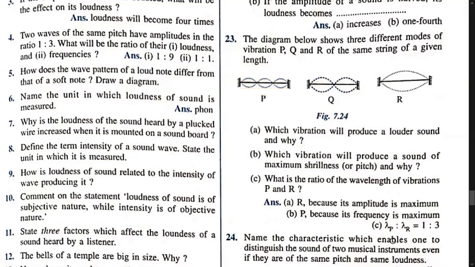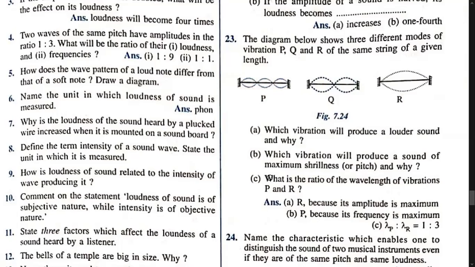So number of vibrations in a particular time of P is more as compared to Q and R. That means P will be having more frequency and hence it will have more pitch or more shrillness as compared to wave shown by Q and R.